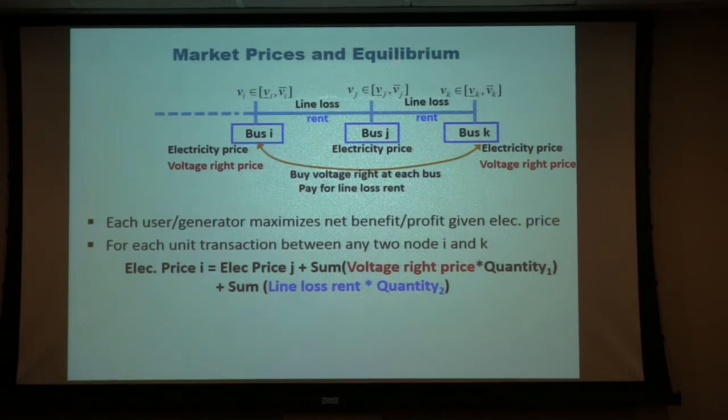When we look at the equilibrium or ideal market price, once we set a market price and every person makes their own local transaction, there's no deviation. Because the electricity price is going to equal this plus all the additional costs I'm going to pay, if bus I and bus J are trying to trade power. Again, I'm asking questions so that you can help us.